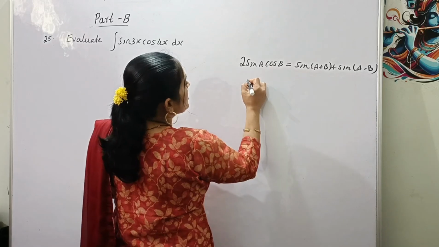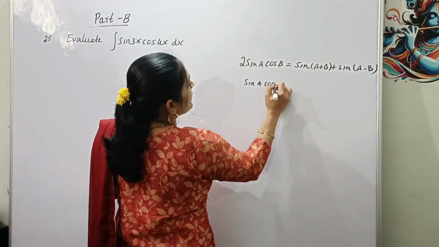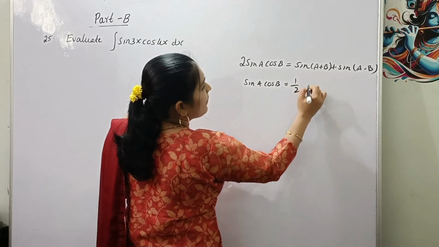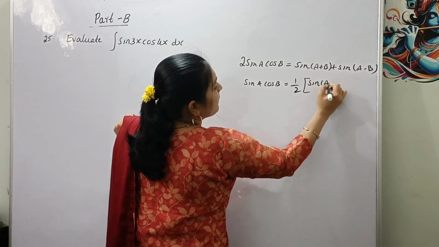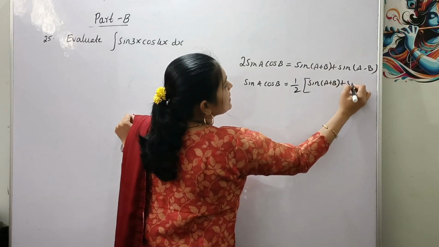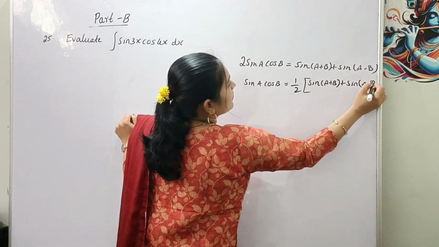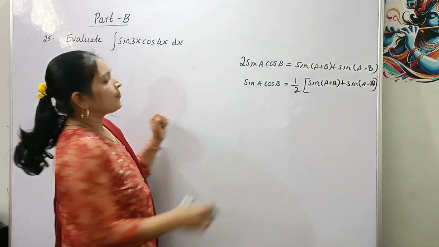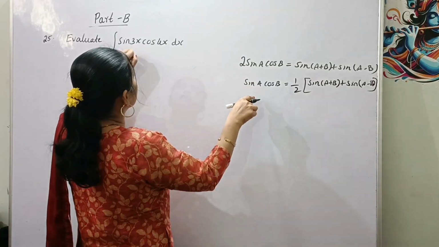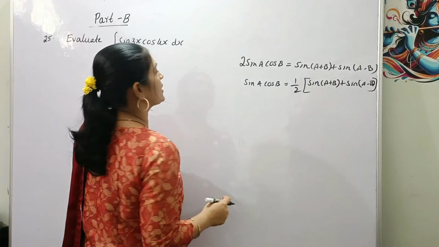So take the 2 over here. So sin A cos B is equal to 1 by 2 times [sin(A plus B) plus sin(A minus B)]. Then here A is equal to 3x, B is equal to 4x, right?